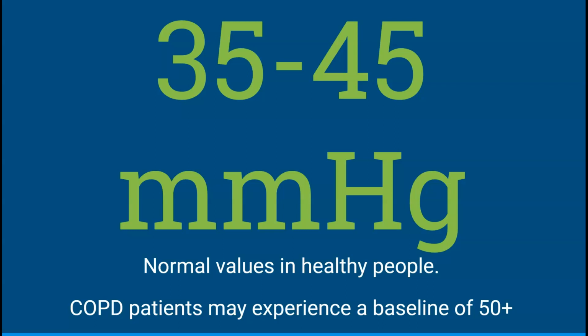These patients' bodies will alter and adapt to the higher levels of carbon dioxide, and they can have a baseline of 50 or higher. That can be completely normal for them, but their body is now working in other ways to keep their acid base level appropriate.